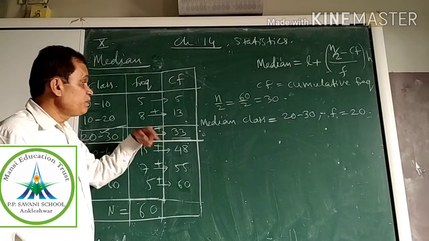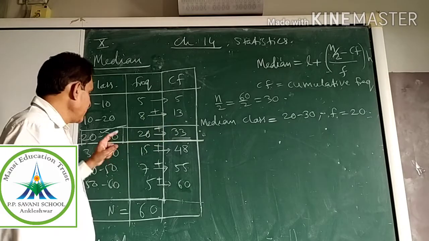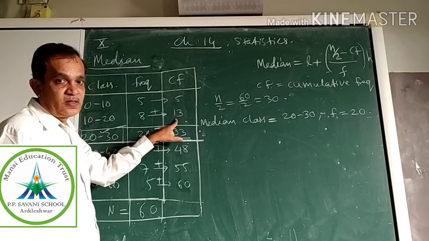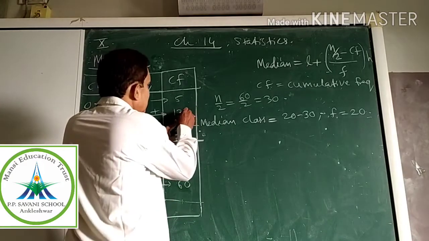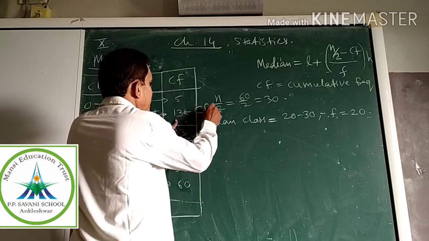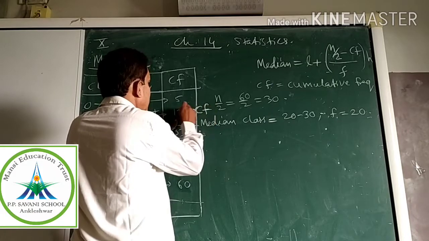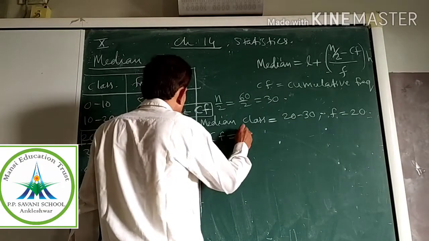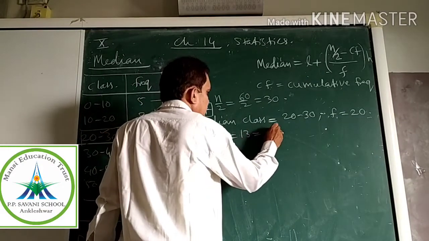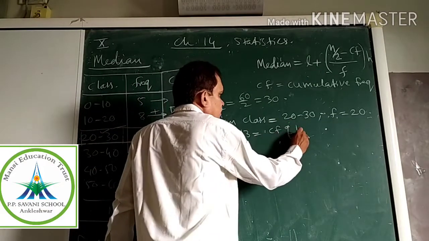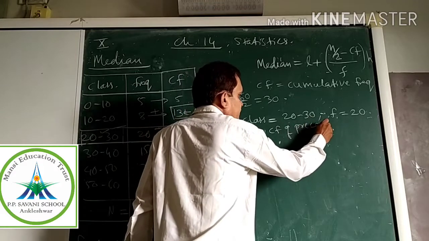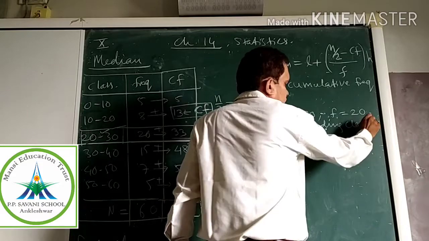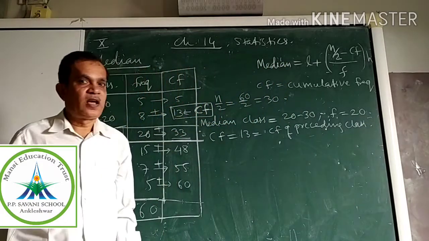Preceding means just before the median class. What is before the median class? 10 to 20. Its CF is 13. So CF equals 13, that is, the CF of the preceding class, or the class before the median class.